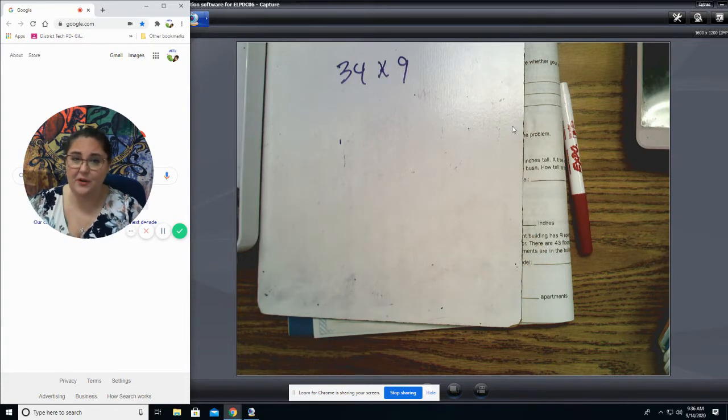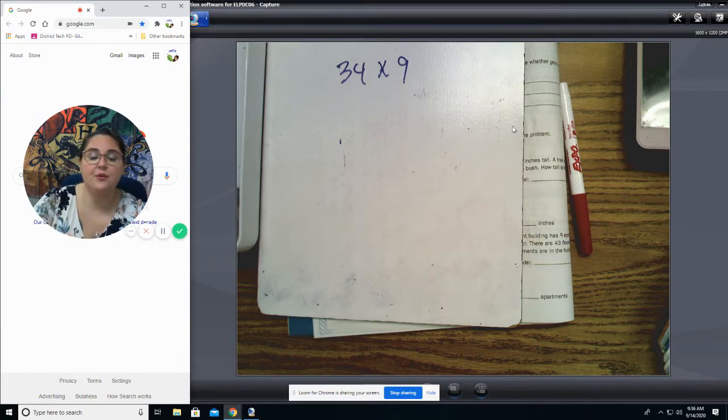Lattice, while it can be good, also has a lot of room for error. There are little tiny mistakes that you can make with adding, subtracting, or carrying numbers. There are little tiny mistakes that you can make when you're multiplying, and it almost makes it harder if you use lattice because there's a lot more things that you can mess up on.